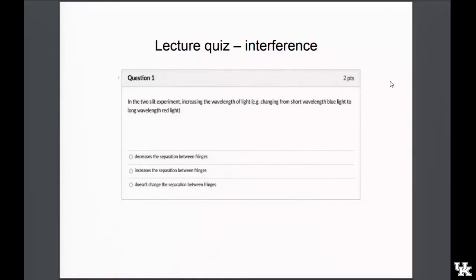Or does it not change the separation between the fringes? So I'll give you a minute or two to think about that, and maybe think about the equations that describe the two-slit experiment, and what would happen to the position of the fringes if you change the wavelength.